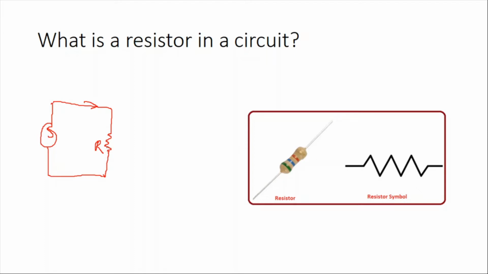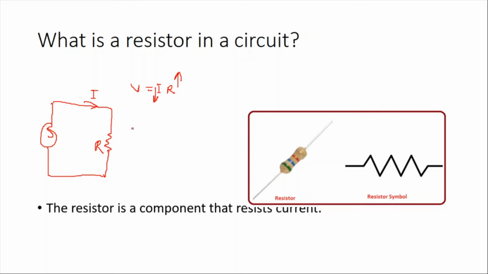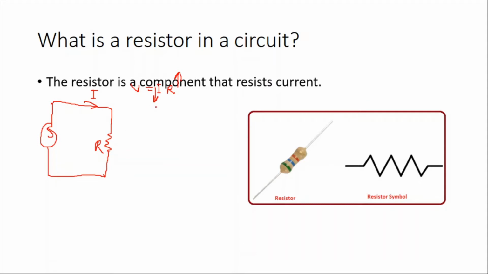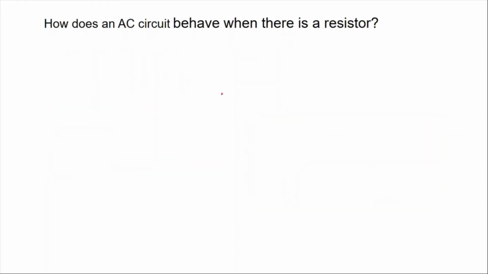I mean, when you increase the resistance of the resistor, the current in the circuit will decrease. The relationship is described by Ohm's law. So simply, the resistor is a component that resists current.